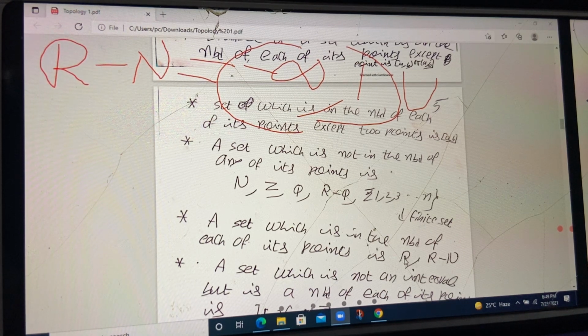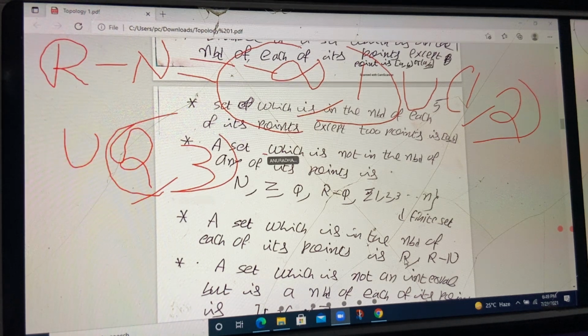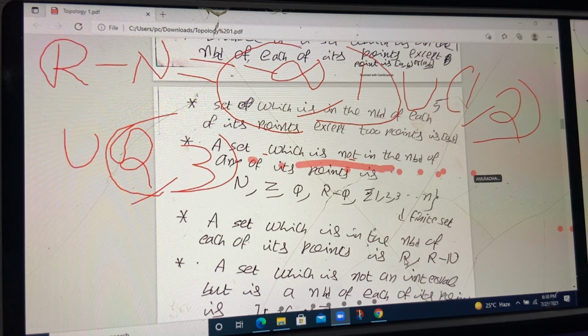Union 1 comma 2, union 2 comma 3, and so on. The last natural number I don't know, so I am calling it some n, and so on, union n comma infinity, not including n because n is natural.